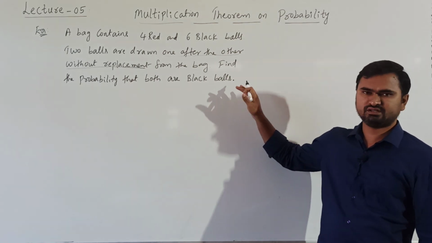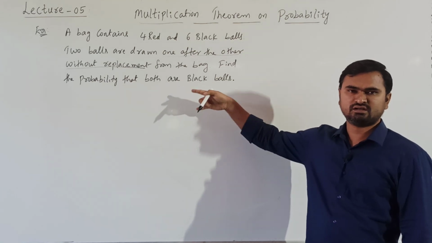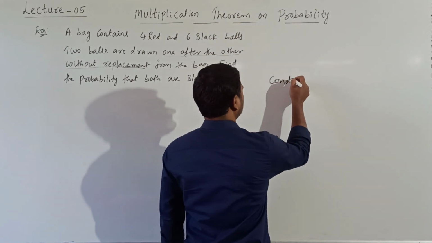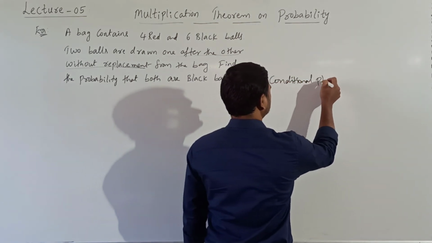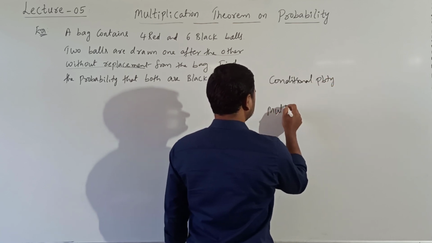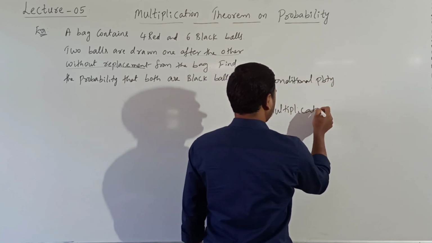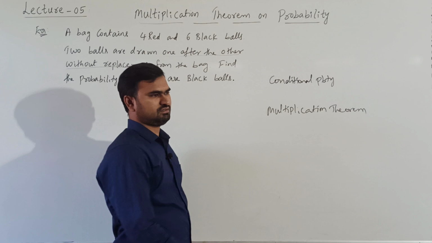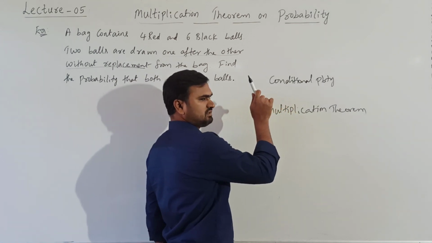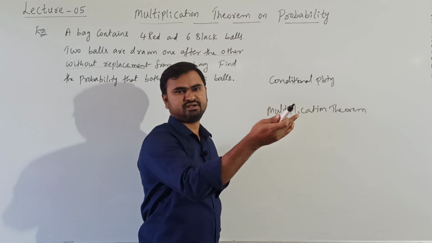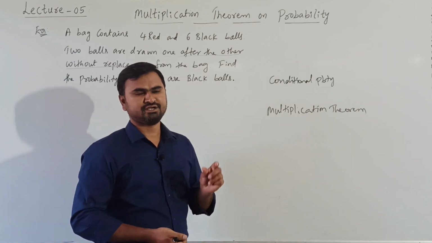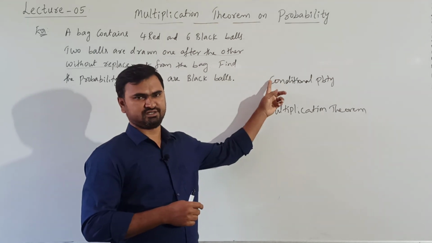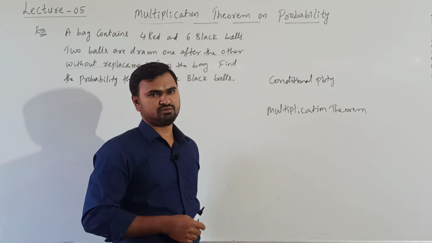There is a difference between conditional probability and the multiplication theorem. In conditional probability, we find the probability of one event knowing that another event has already occurred. When it is given that one event has already occurred, we find the probability of another event. That is where we use conditional probability.